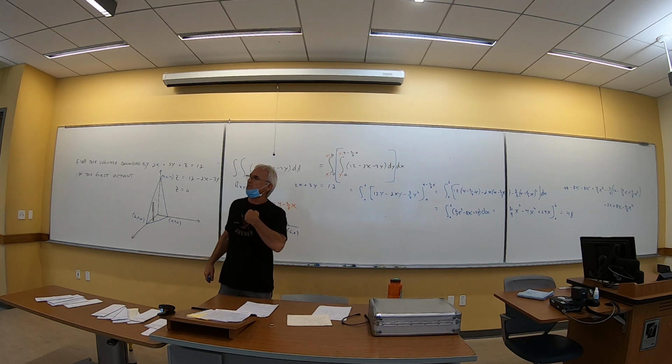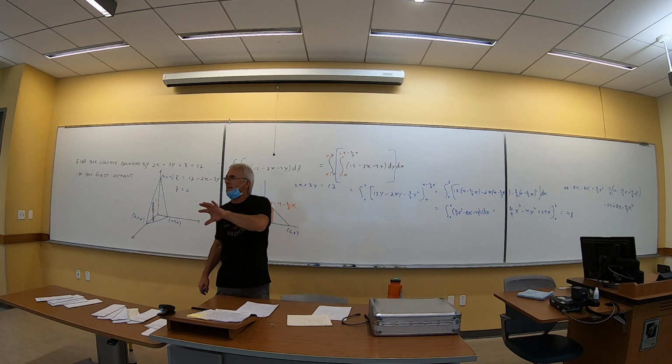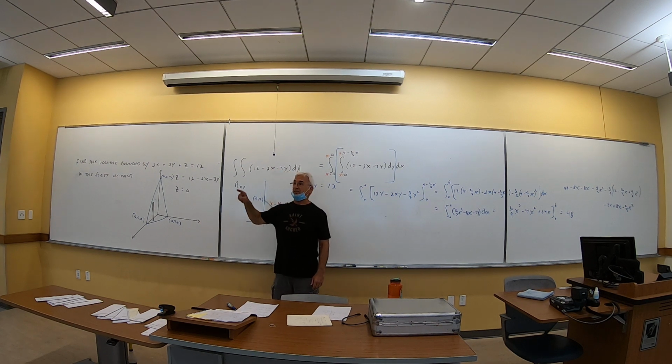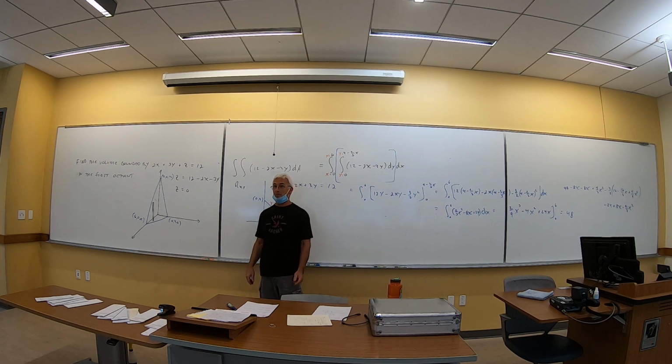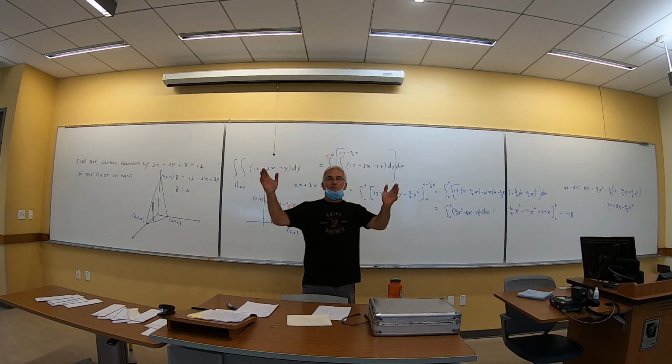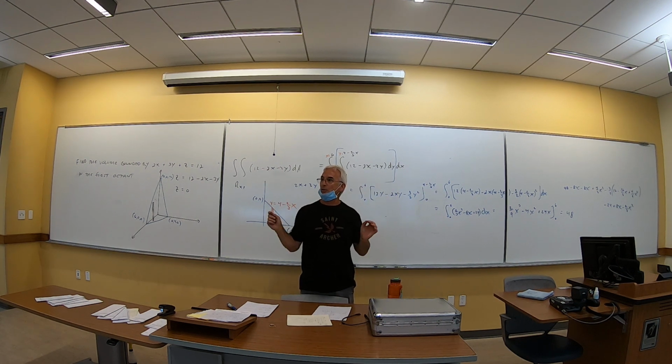Remember, with the cross product we had parallelograms and triangles, but this is 3D. So this is a formula I would like you to know because it actually does come up. Not so much in this class, but it does come up in linear algebra. It comes up in a couple situations. So if I asked you, what is the volume of this room? This room is a rectangular prism.